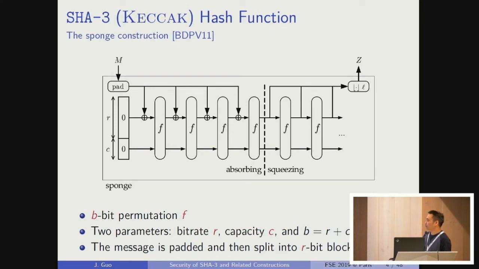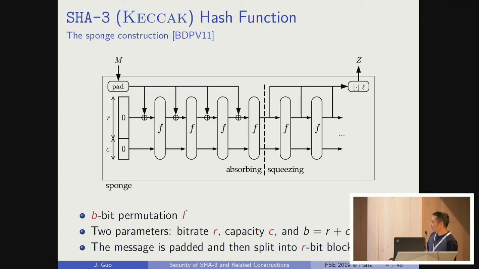XOR it, apply the permutation. Until you process all the message. After that, you come to the squeezing phase, where you output the first few bits of the internal state. You repeat this process if the number of digest bits is not sufficient, until you get enough output bits.